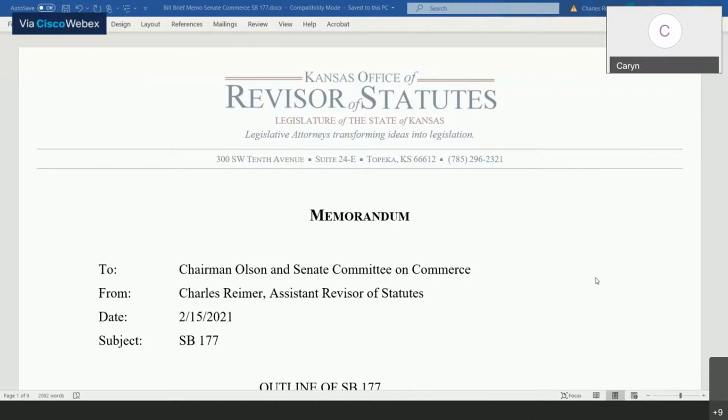It doesn't have to actually be the secretary? Yes, Senator. So that makes the secretary responsible for that function, but certainly the secretary could delegate to others to carry that out. It's just the secretary who's responsible for doing it.